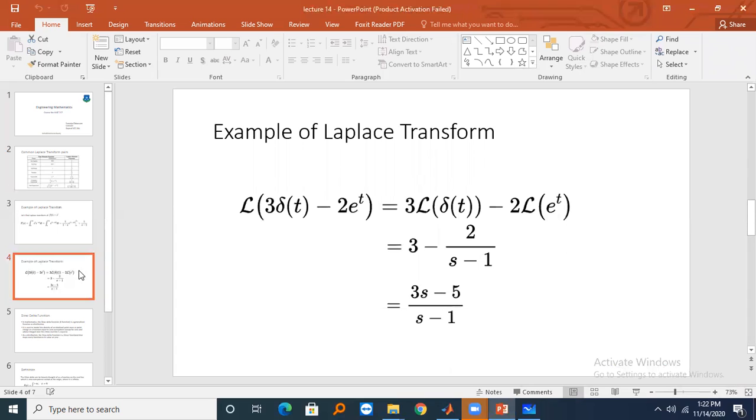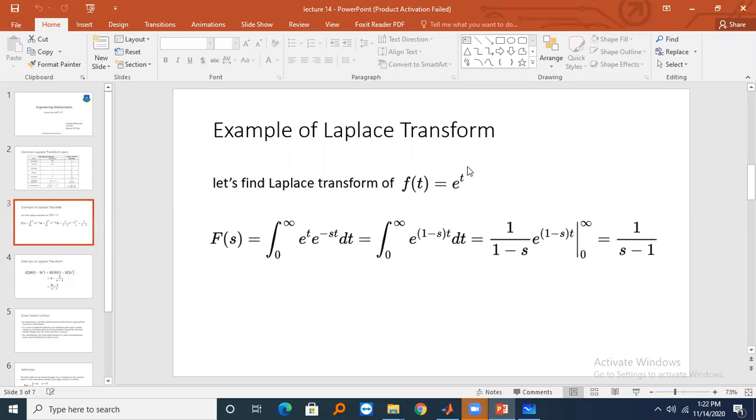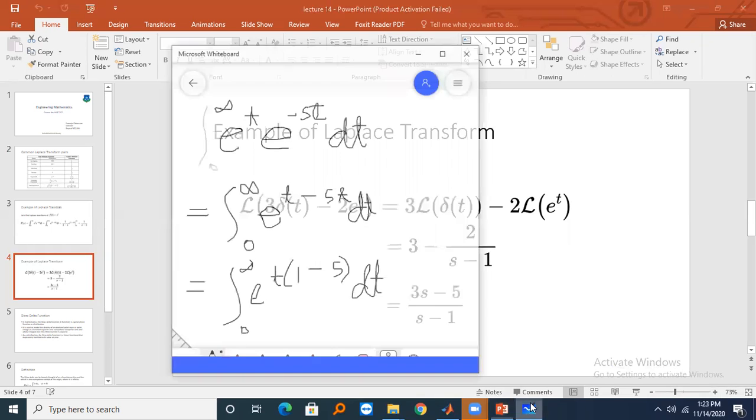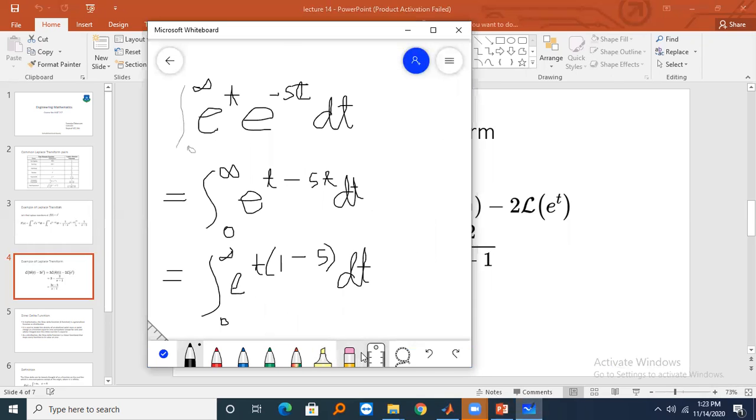So we'll put here 3 into 1, and the Laplace transform of e to the t we get from this is 1 divided by s minus 1. So we'll put here 2 divided by s minus 1 and do the subtraction.